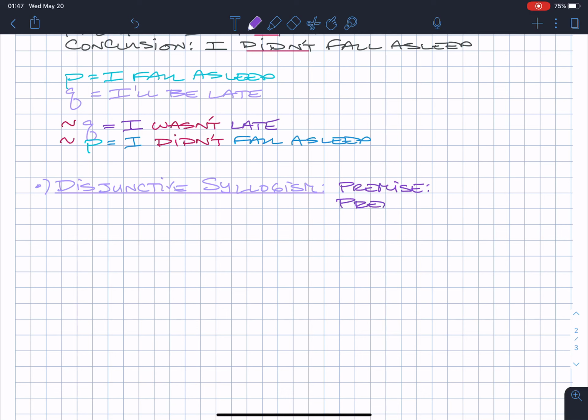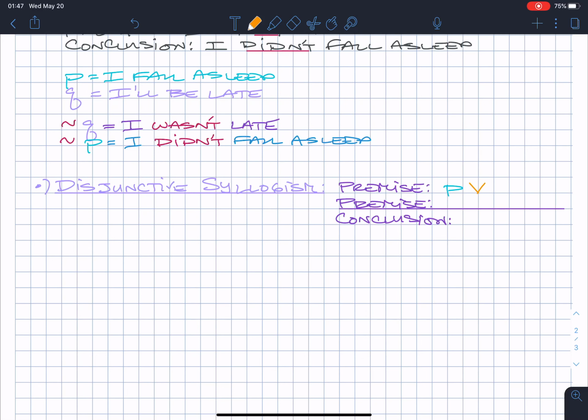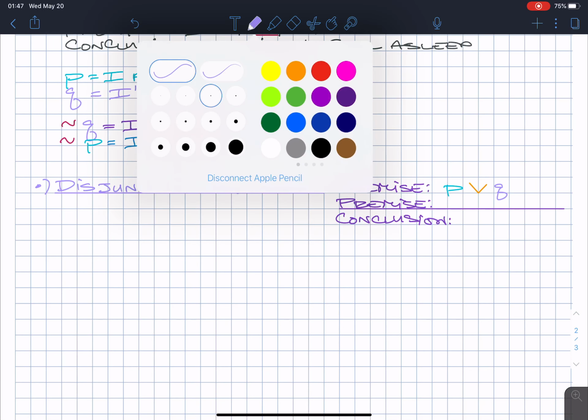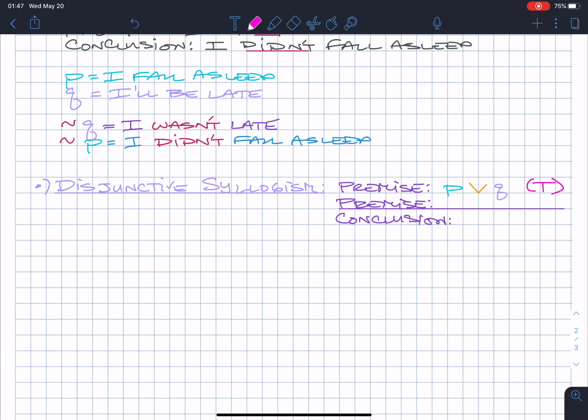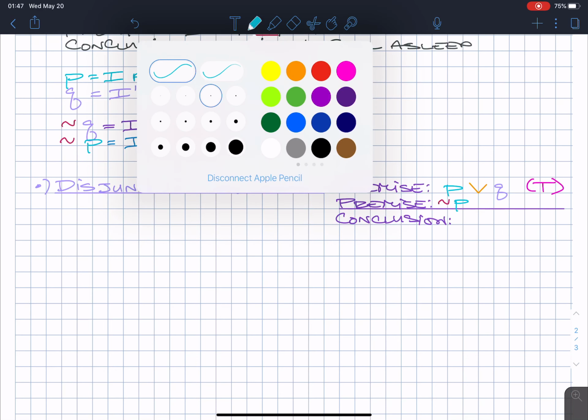Remember, that which is premised is assumed true. Okay, so for this, we're going to have P or Q. So we're going to assume that P or Q is true. And then we're going to assume not P is true.